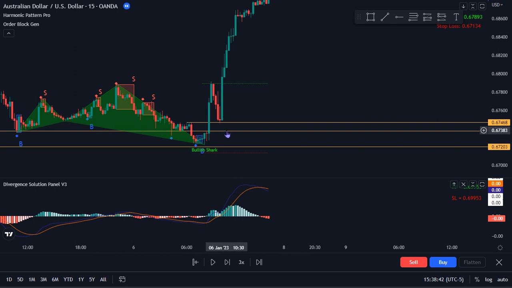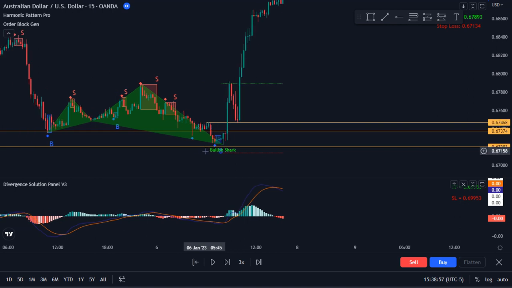Remember, this middle yellow line and this bottom one is marking out our 4-hour order block. This line here marks out the high of our 1-hour order block. So just a number of confirmations lining up for this bullish move.